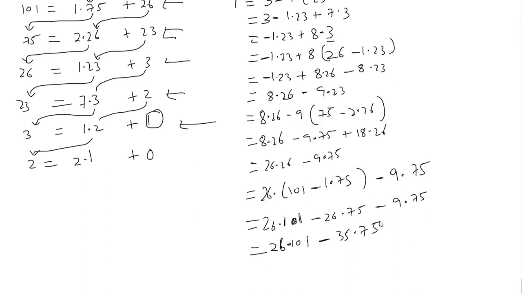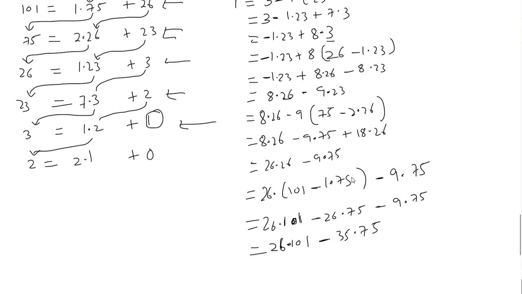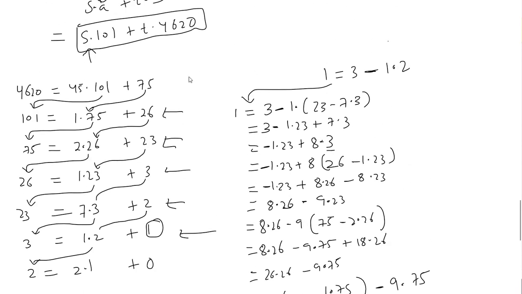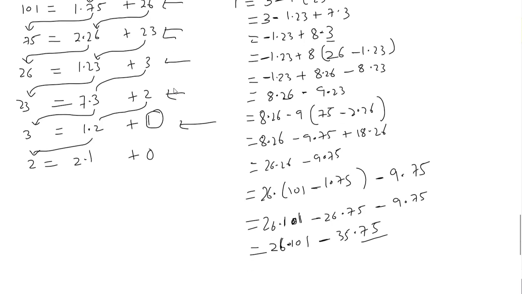Still, we have not obtained the term that contains both 101 and 4620. Now we will get the value of 75 using this equation, the starting point. So we'll get the value of 75 as 4620 minus 45 times 101.